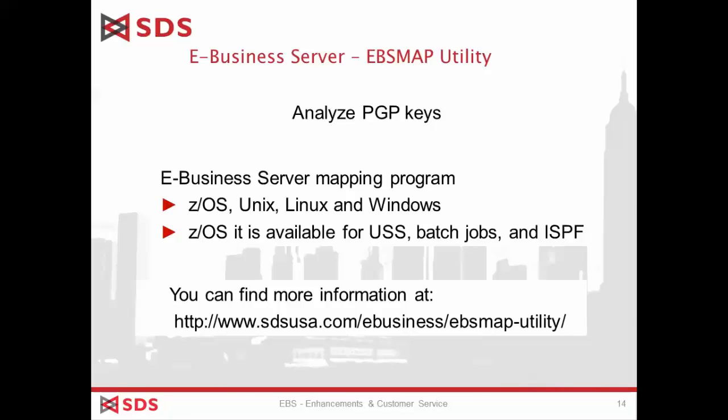It also maps the non-encrypted content of message headers. It does not reveal any secure encrypted data. eBusiness Server provides mapping programs for z/OS, Unix, Linux, and also Windows. On z/OS, it is available for USS, batch jobs, and the ISPF panel I just showed you.